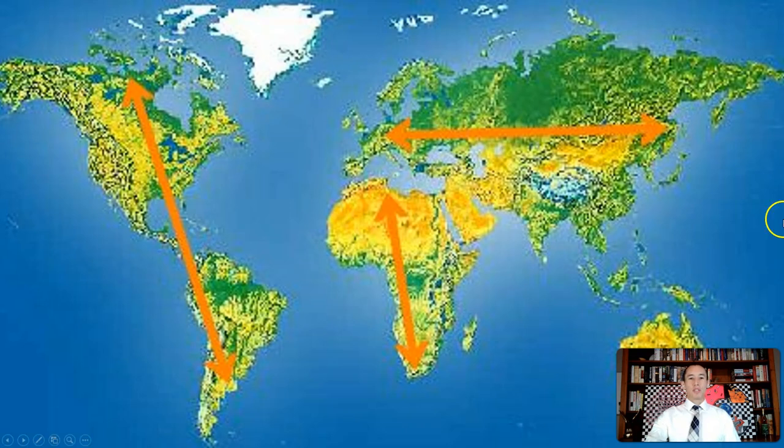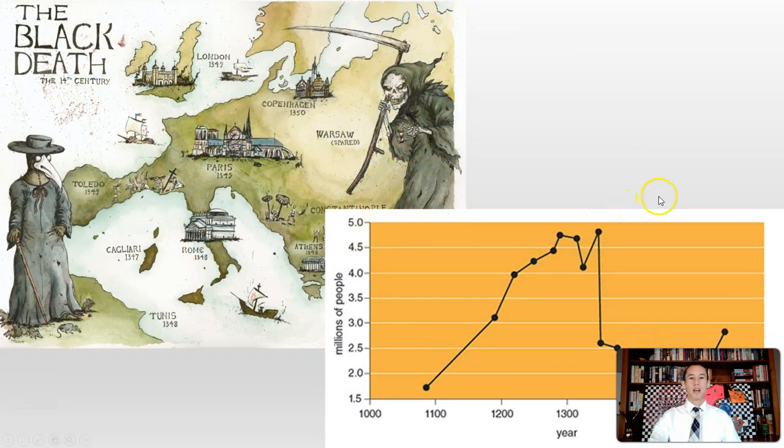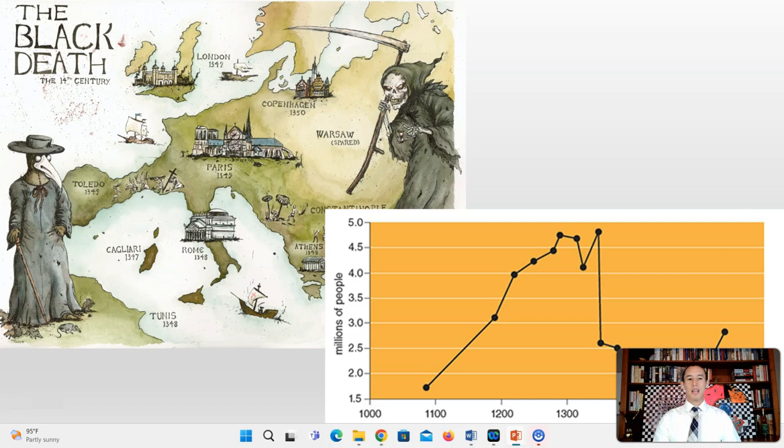First and foremost, Europe and Asia will experience a massive plague. The Black Death, or the bubonic plague, spread through Europe in the 1300s, but it will come and go until the 1600s.